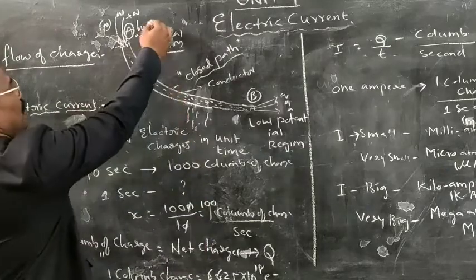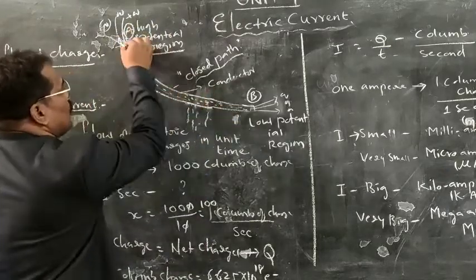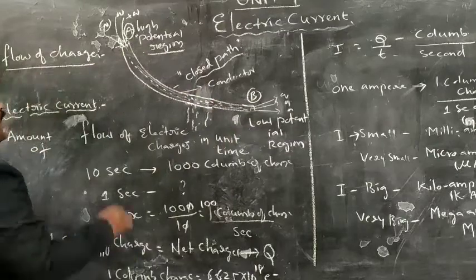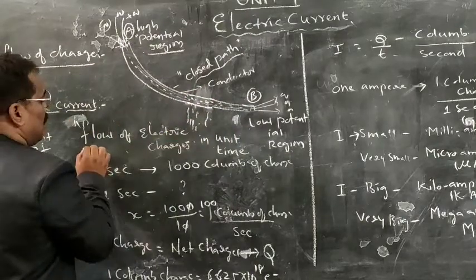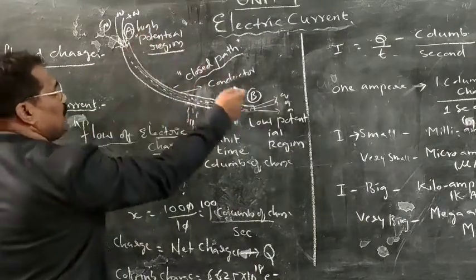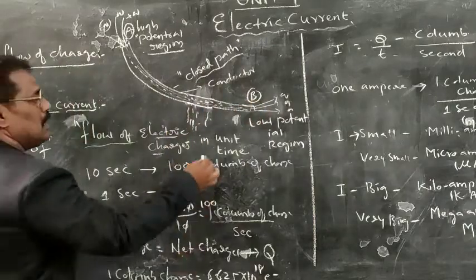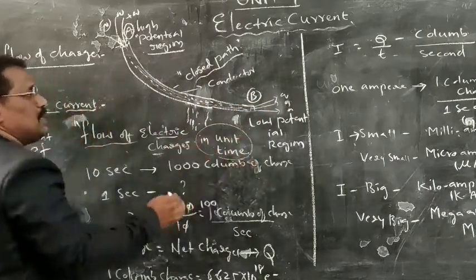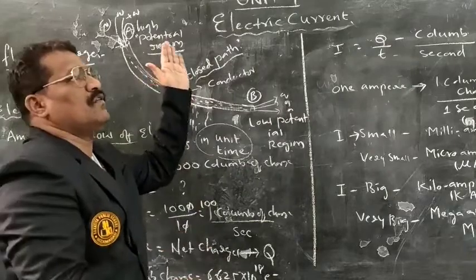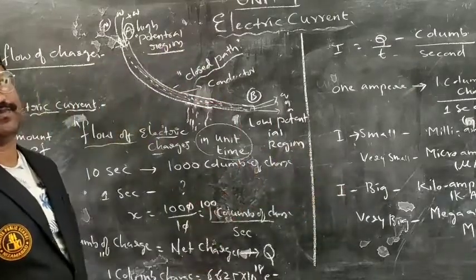We are seeing here flow of charges. Flow of electric charges is taken from high potential to low potential. In a certain time interval, how much flow of charges has taken place?